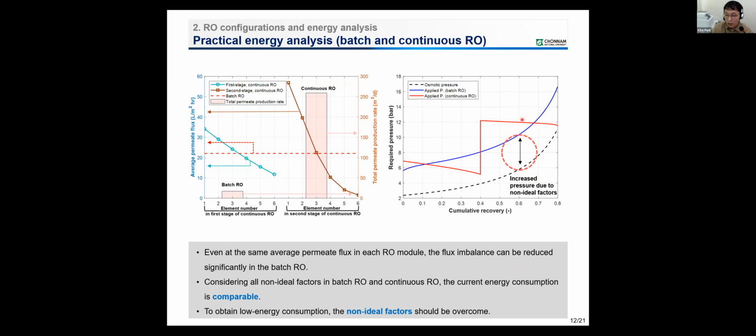Compared to the two-stage RO configuration, the energy consumption is quite comparable in the batch RO system and the continuous RO system. So to obtain low energy consumption in the batch RO system, we have to think about how to reduce the non-ideal factors.